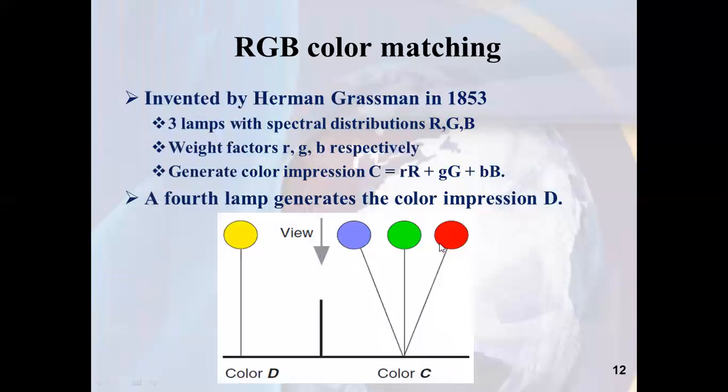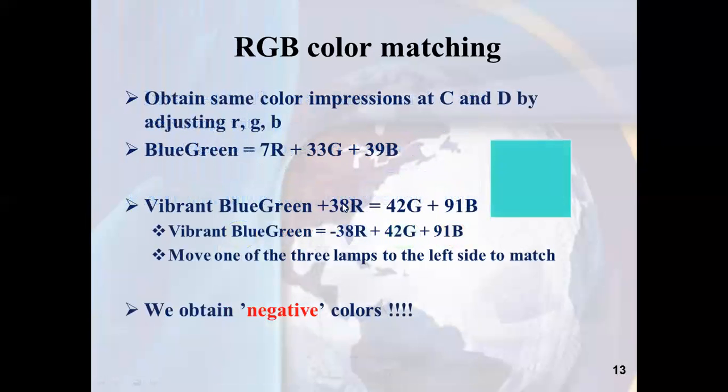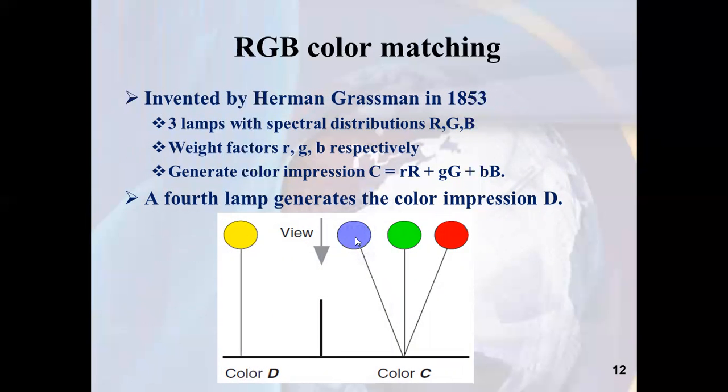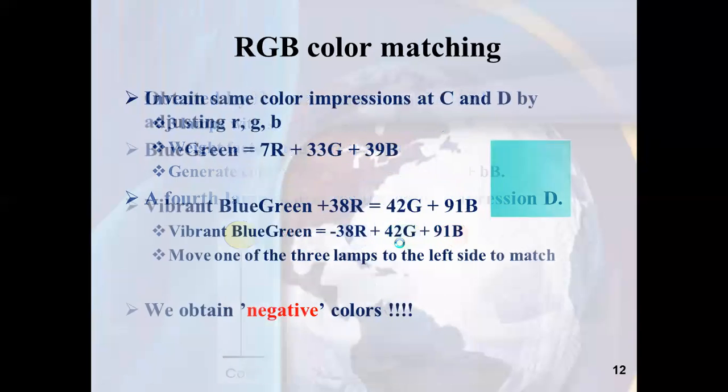So we transform this color to the left side with the intensity of 38 and put 42 and 91 for green and blue to obtain the vibrant blue-green.